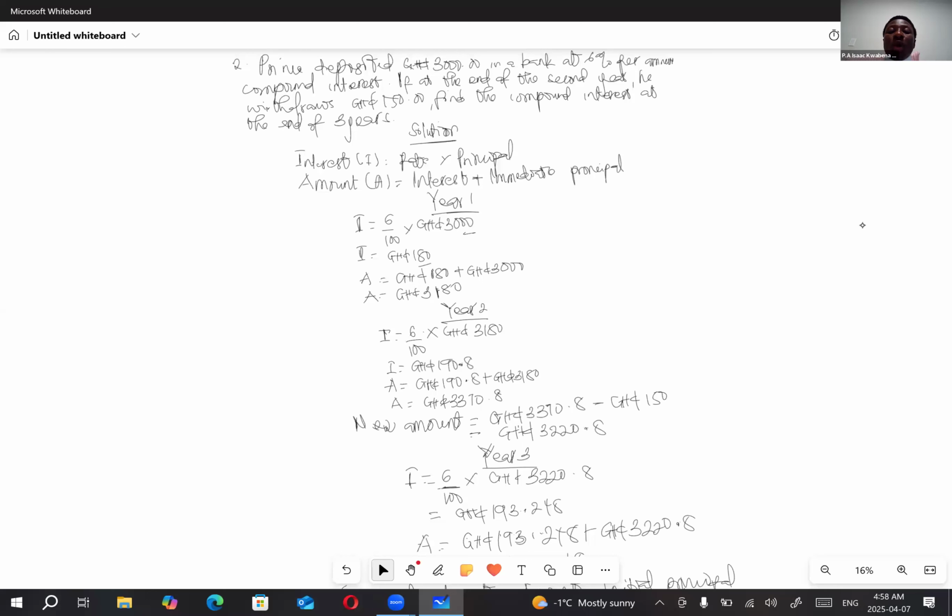Find the compound interest at the end of the third year. What would you do? If at the end of the first year, he went to add 200 Ghana cedis, what would you do? Claudia, Grace, what would you do?